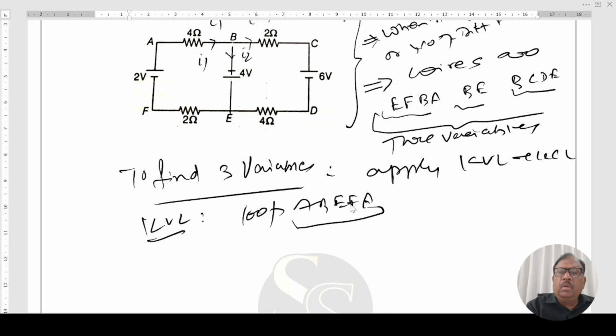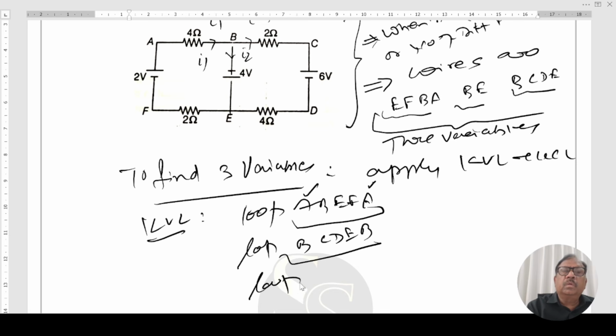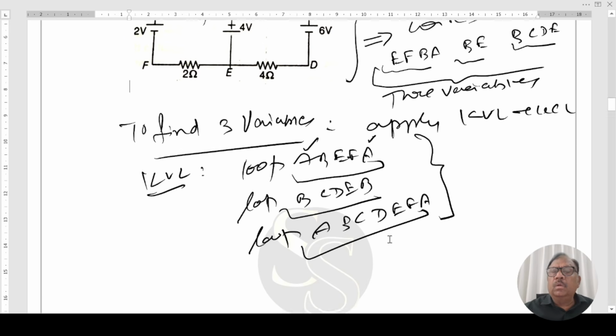Be careful when we write the loop, the initial and final point should be the same. Then we can apply loop BCDEB, or we can apply the bigger loop ABCDEFA. Three variables can be obtained through this.